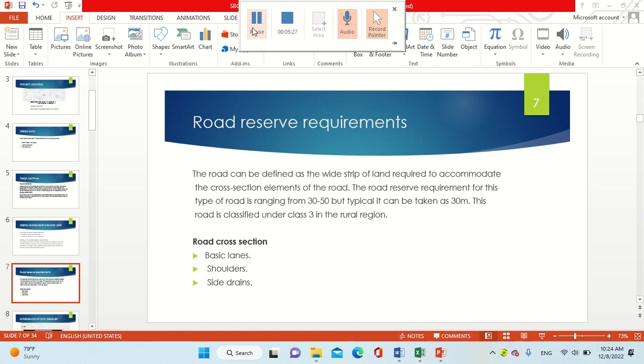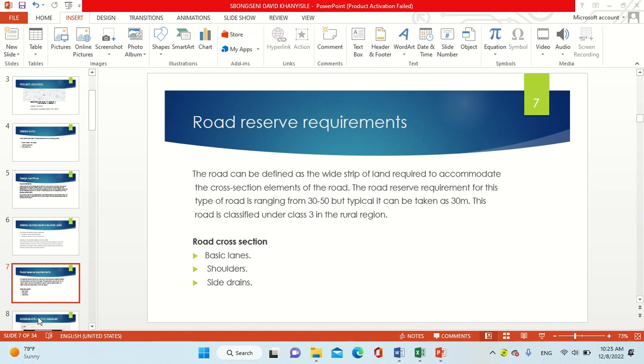The road reserve requirement for this road ranges from 30 to 50 meters, but typically can be taken as 30 meters. This road is classified under class 3 in the rural region. For the road cross section we're going to look at the basic lane, shoulders, and also side drains.